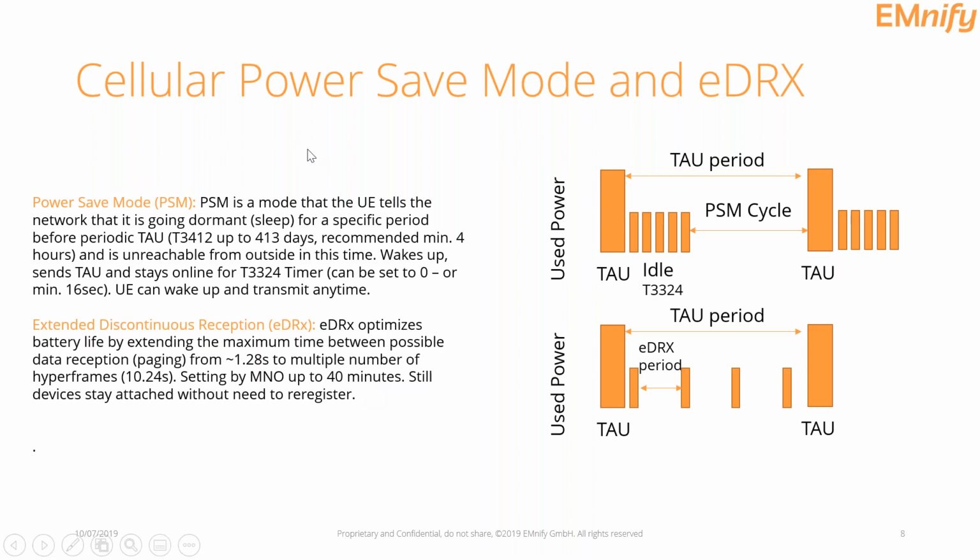And then there's the power save mode, which basically gives the device the possibility to really go to sleep for up to 413 days without needing to tell where it is at. So the device just tells the network, I'm going to sleep for a specific period of time.